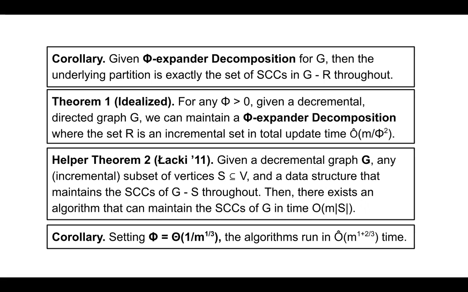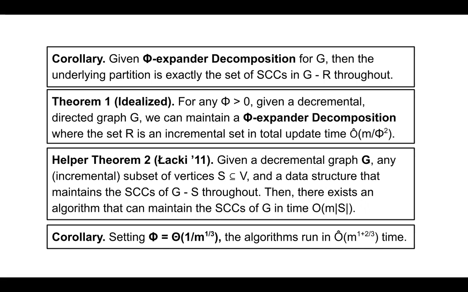So R is never larger than m^(2/3). And if you put the endpoints into a set S, this set of vertices S is never larger than m^(2/3), then the helper theorem will also allow you to lift the phi expander decomposition to the SCCs of G in time m^(1+2/3).